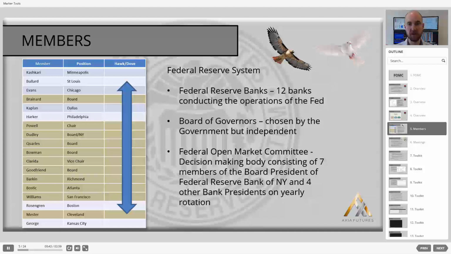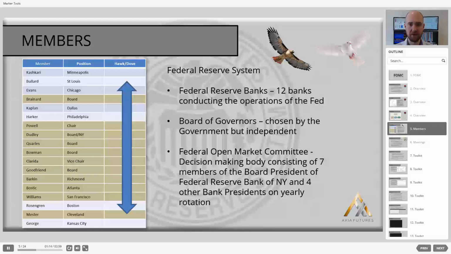So the New York Fed's chair is always part of the FOMC, and then 4 of the other 11 remaining Federal Reserve banks. So the chairs of those then make up the FOMC. These are the people who have the decision-making process. They're listed in that graphic and highlighted in gold. Either they are members of the board or, as you can see, listed by the bank that they represent.